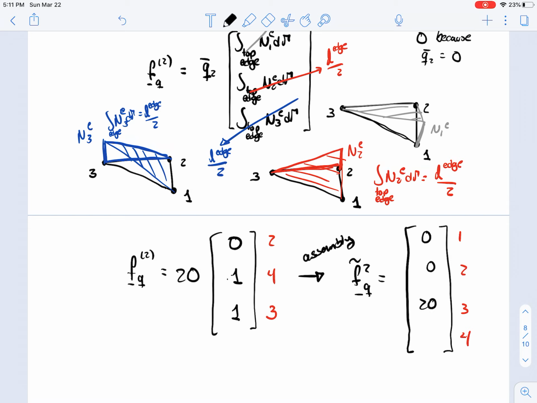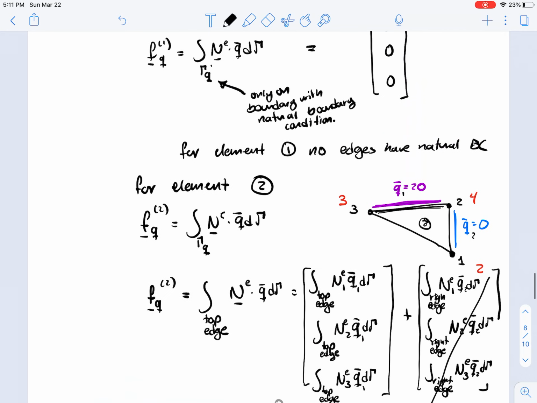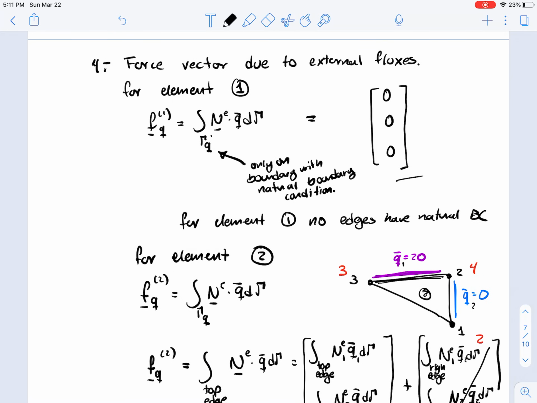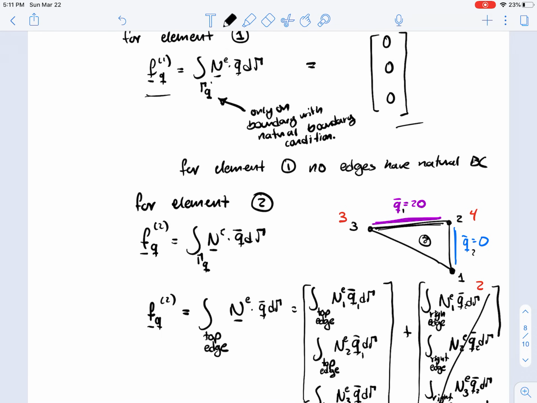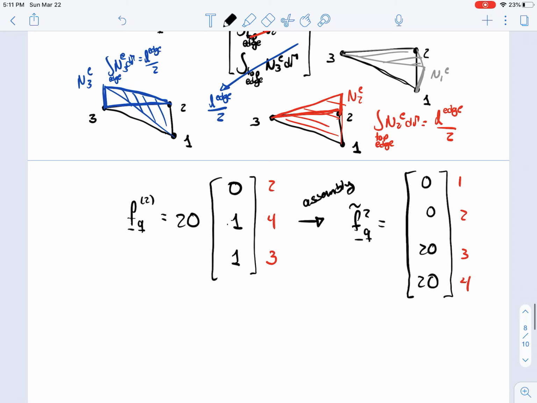And I have 0, 0, 20, 20. I didn't do the assembly for the first one because it's zeros, so it doesn't matter. So I just left the local F1. In this case, I have the local force vector, and here is the assembly into the global force vector.